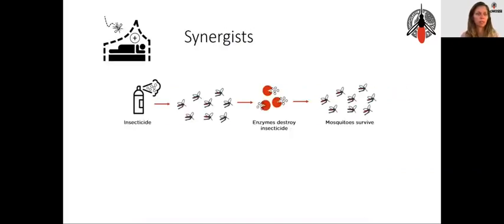And the last strategy I'm going to talk about is synergists, which is a relatively new category. In some cases of insecticide resistance, it develops where the mosquitoes overproduce a type of enzyme that is able to destroy the insecticide, so their metabolism becomes really good at flushing the insecticide out.